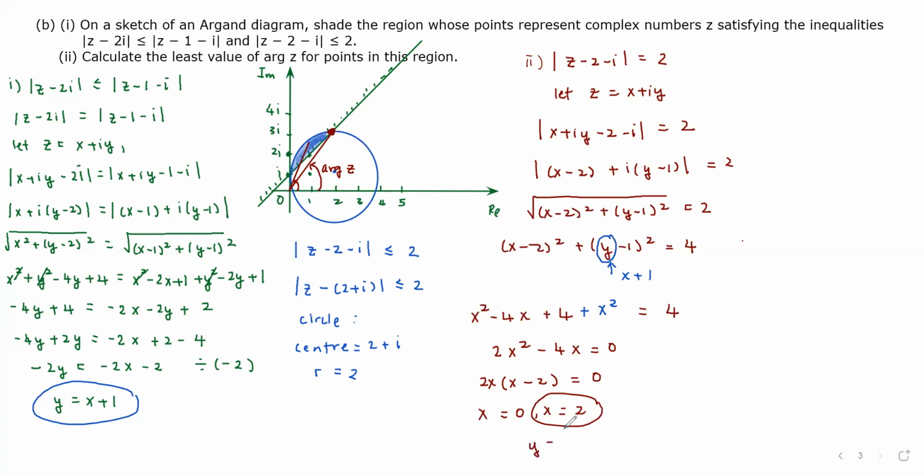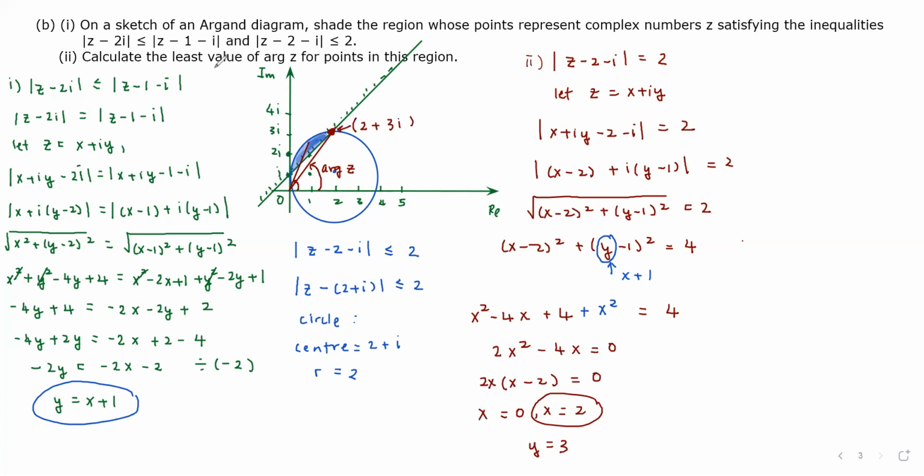We can substitute x equals 2 into the equation y equals x plus 1, and we have a y value of 3. Then this is the complex number, which can be written as 2 plus 3i. That is the complex number that we look at.